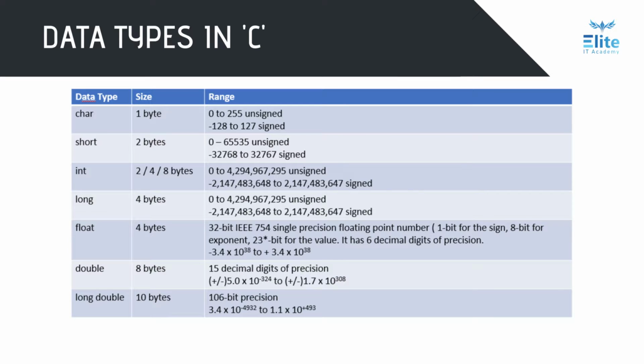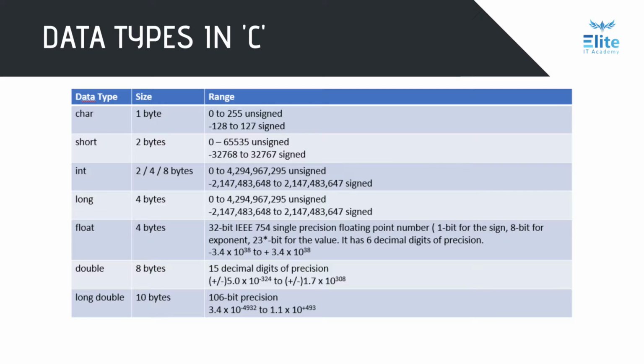The table here shows the primary data types of C. The data types define its size and range of values it can contain. The larger the size, the greater is the range of values. You should also know that a data type can also specify whether a number is signed or unsigned. The range of signed and unsigned values are different, as can be seen over here.